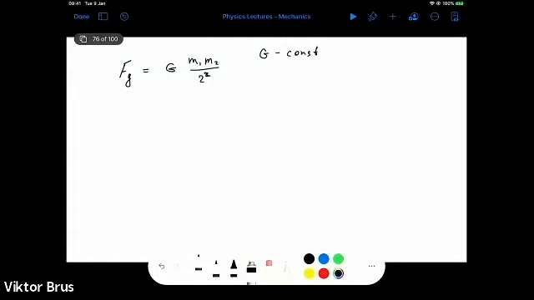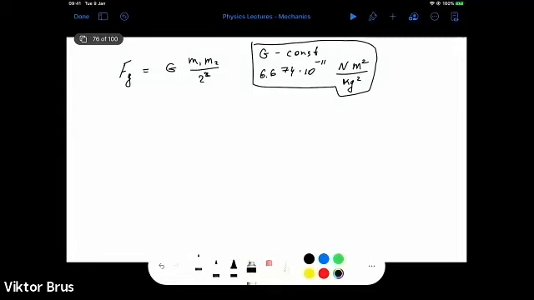It's the so-called gravitational constant, and it's equal to 6.674 times 10 to the minus 11, and in units, it will be newton square meters divided by kilograms squared. The value of this constant was obtained experimentally later. We will mention this a bit later.